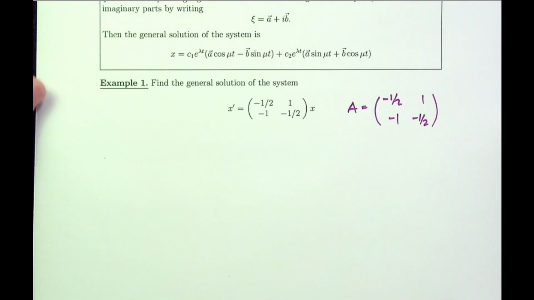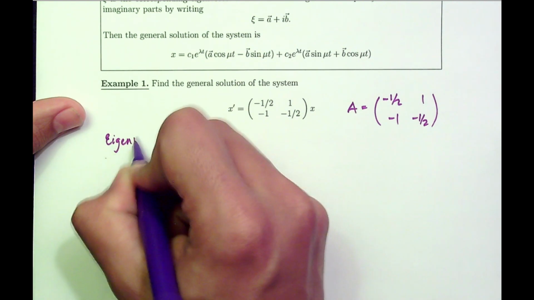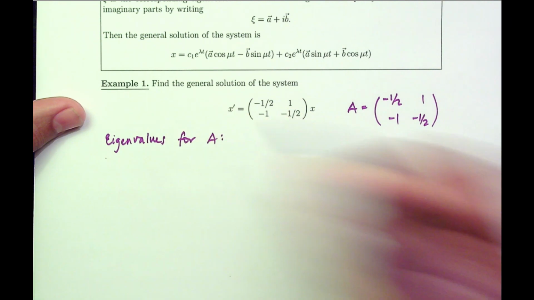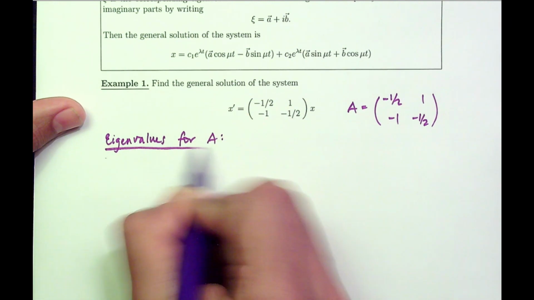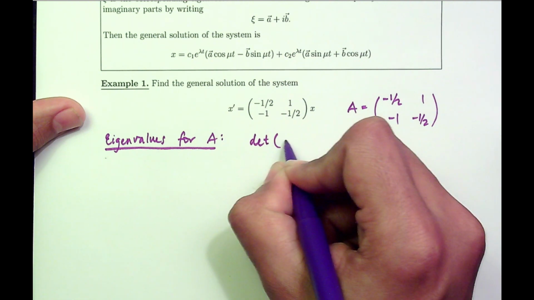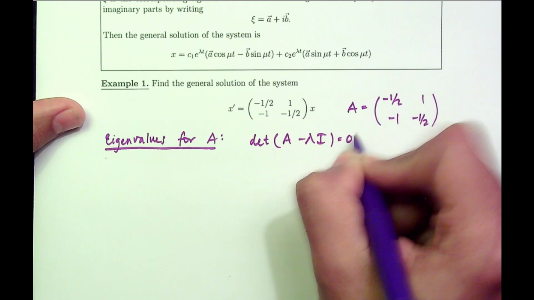Okay, let's find the eigenvalues for A. We have to solve the equation determinant of A minus lambda I equals 0.